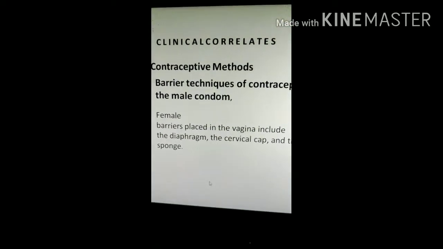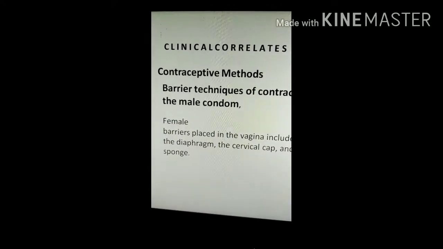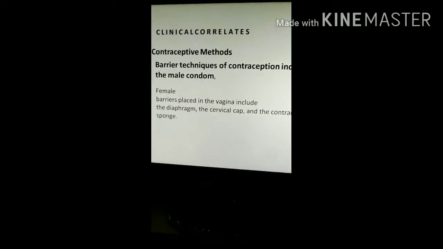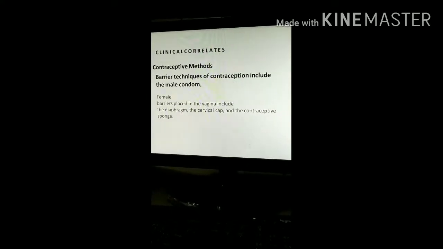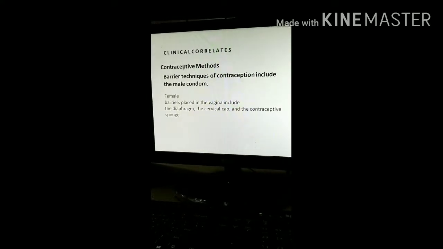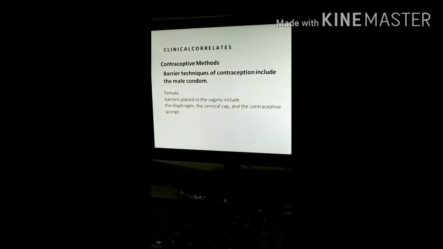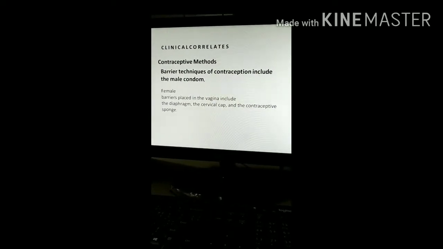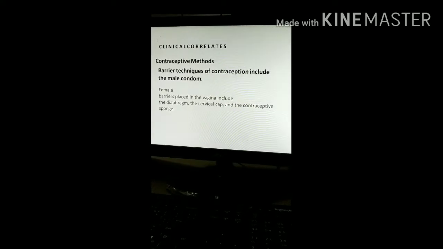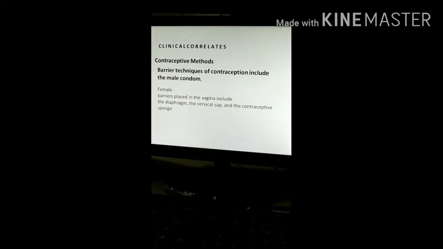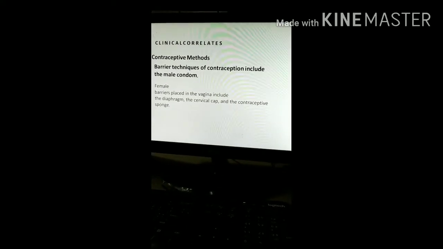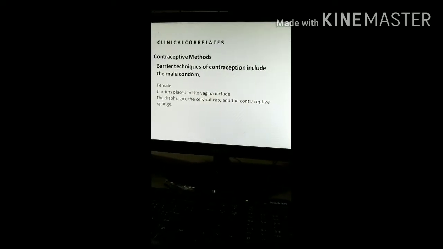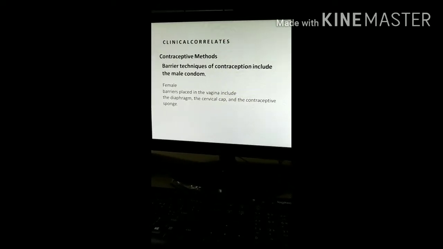Now the clinical correlates of fertilization. We know fertilization is the process that forms the zygote. This is a single cell, and from a single cell actually begins the life of humans. If we stop fertilization, then no zygote, no embryo, no pregnancy.